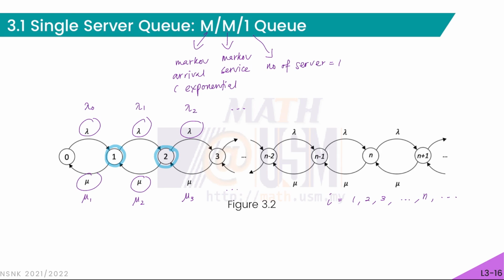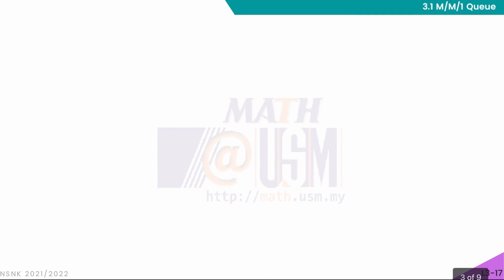Next, we're going to write our rate matrix for our queuing model. For the rate matrix you have your states; let us write until state 3. The diagonal element is the negative of the leaving rate.